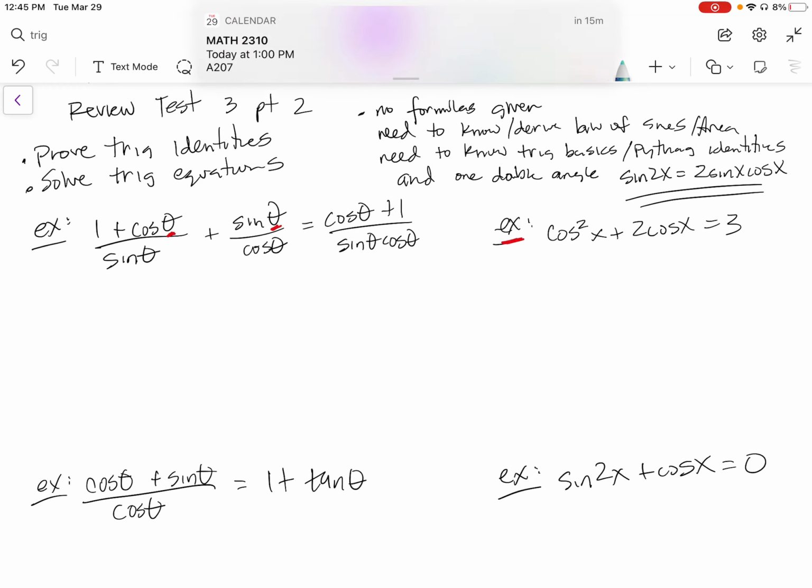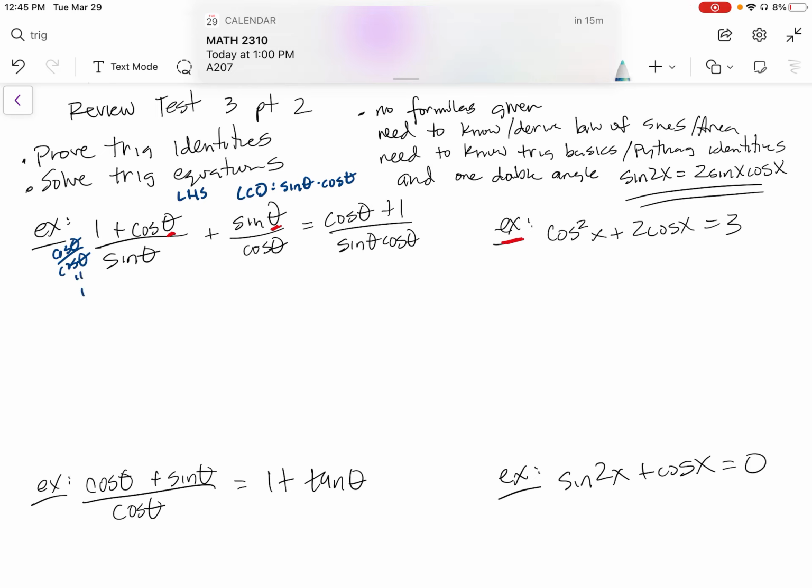All right, so looking at the left-hand side, I see fractions that need added. To add fractions, we need an LCD. The LCD is sine theta times cosine theta. So therefore, I need to multiply the left piece by cosine theta over cosine theta, because that's just one.